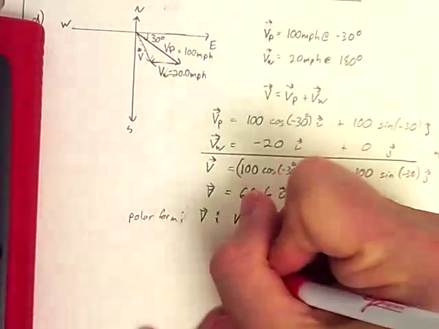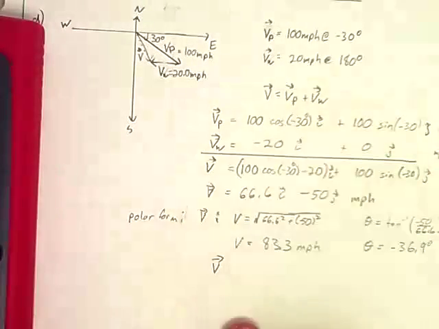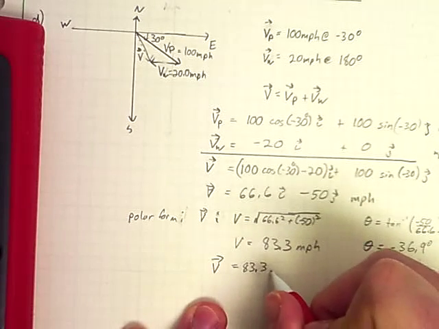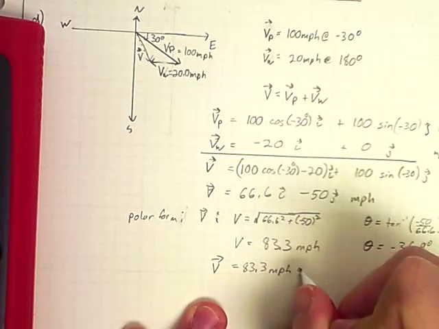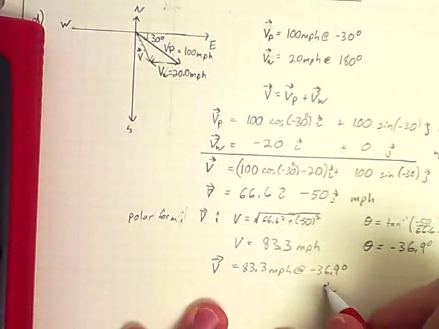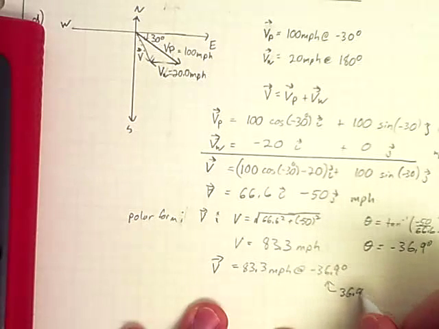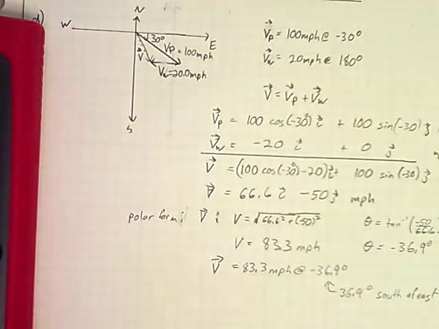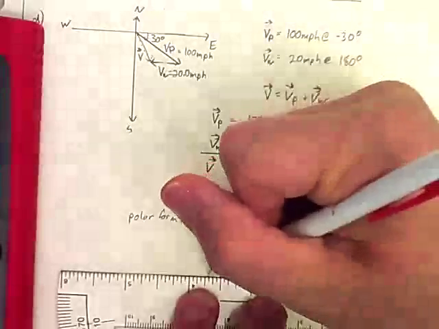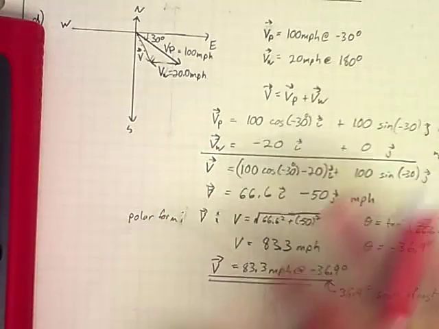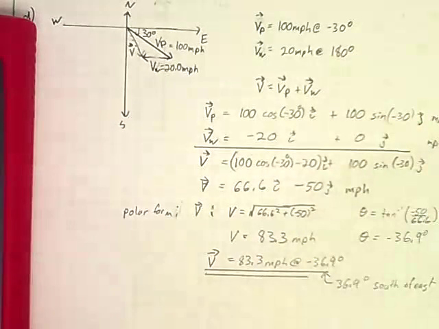So our velocity that we're actually doing is 83.3 miles per hour at negative 36.9 degrees. Or we could say that 36.9 degrees south of east. And that's how we would discuss that one.